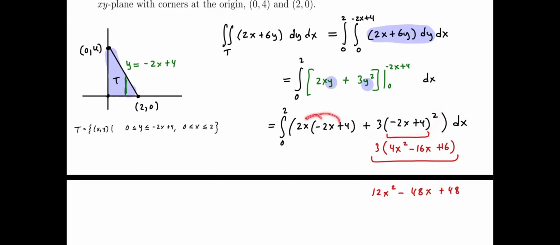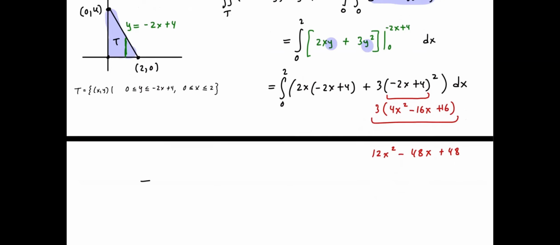And here I'm going to distribute this out. So here's what we get. We have the integral from 0 to 2 of 2x times negative 2x, that's going to give us negative 4x squared. And then 2x times 4, that's going to be positive 8x. And then I'm going to write the piece in red that we just got.